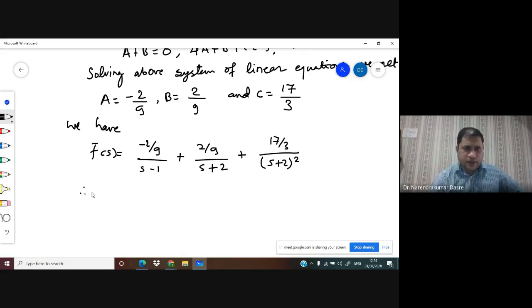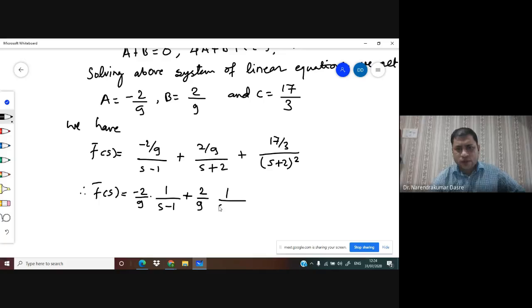Or we can write this as F bar of s = -2 by 9 times 1 upon s - 1 plus 2 by 9 times 1 upon s + 2 plus 17 by 3 times 1 upon (s + 2) bracket square.